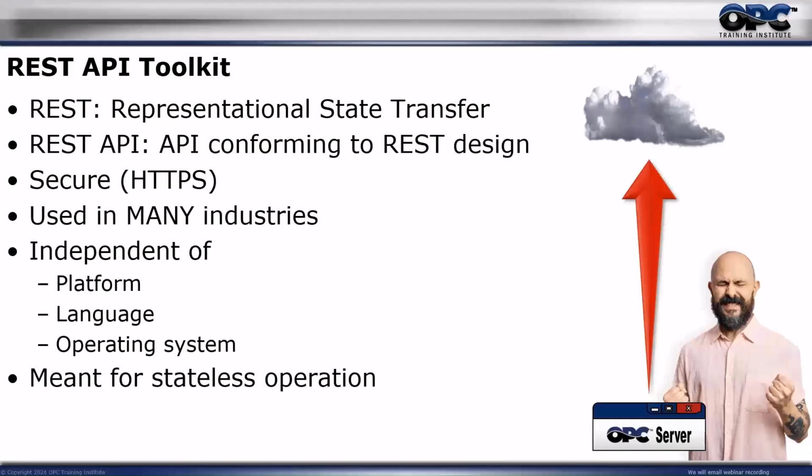And it's meant for stateless operation. What does this mean? As a client, I no longer care if you, the server, are connected to the OPC server or not. More importantly, I don't even care about your state as such. All I do as a client is say, I want to subscribe to data. It's up to the server now to connect to its data sources and do everything it needs to give me that subscription.